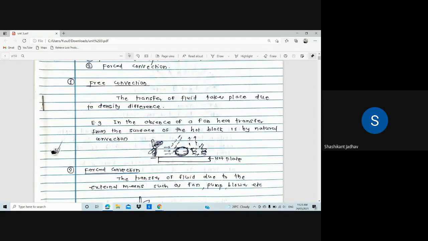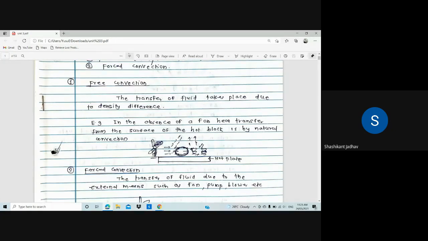The transfer of fluid takes place due to density difference.